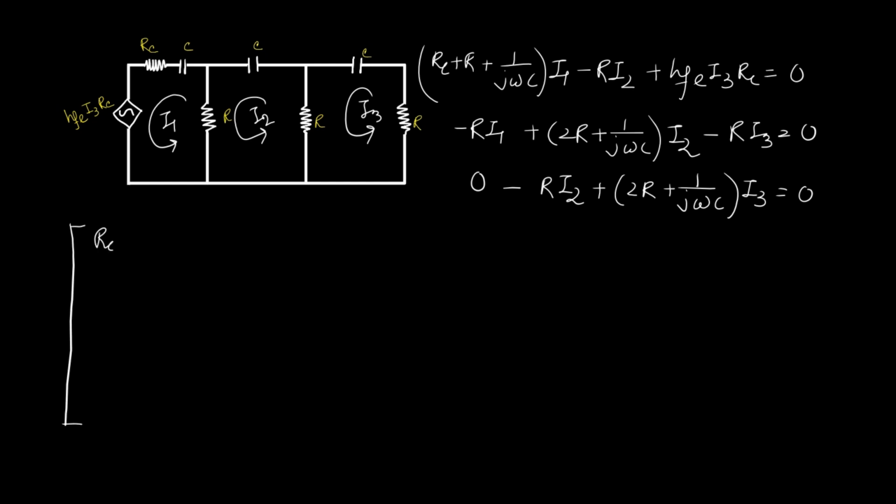So RC plus R, plus, now we take that J into the numerator and the sign will be negative.